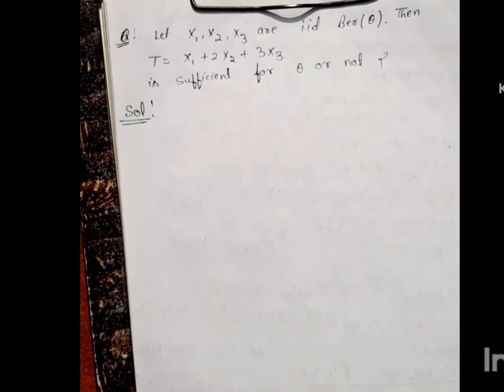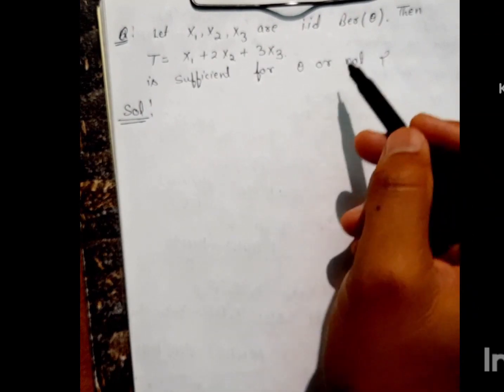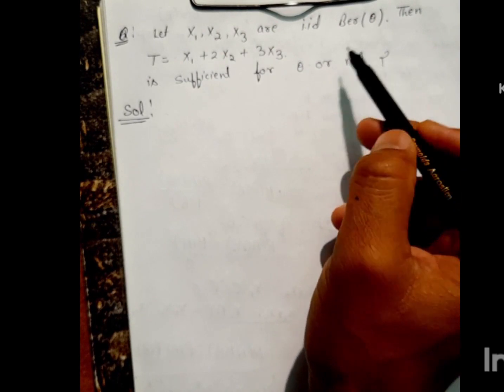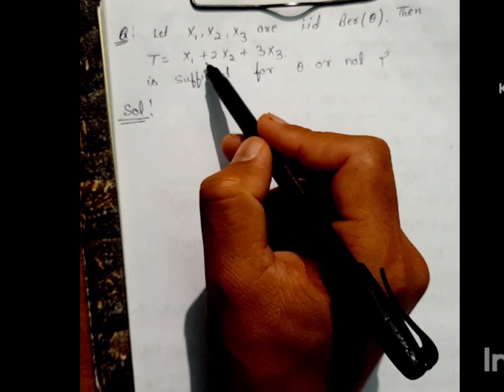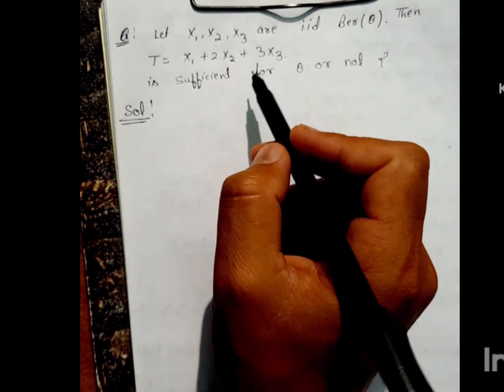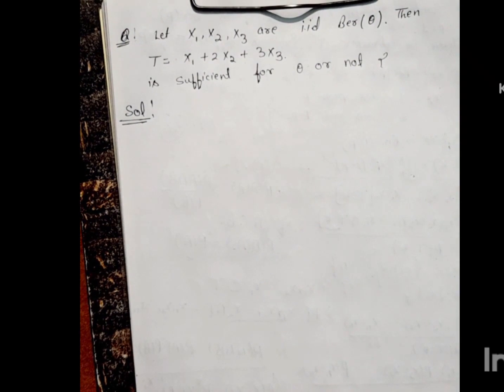Next question on sufficiency by the conditional approach. We are given X1, X2, X3 as Bernoulli IID random variables, and we are given the statistic T equal to X1 plus 2X2 plus 3X3. Then we have to show whether T is sufficient or not.